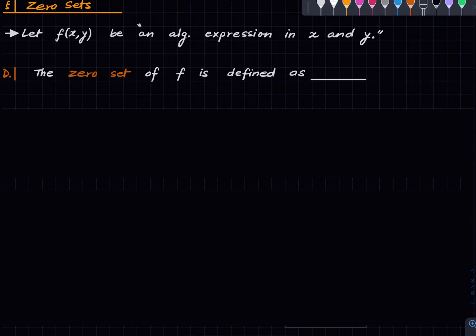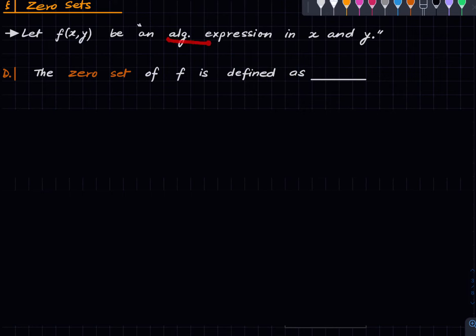This is an algebraic expression in x and y. Or 2x cubed minus 3y square plus xy minus 7. Or more simply, 2x plus 3y minus 5. I'm sure we understand what is an algebraic expression.